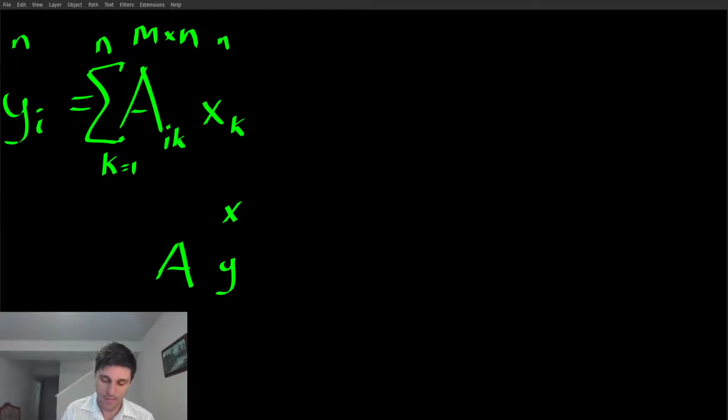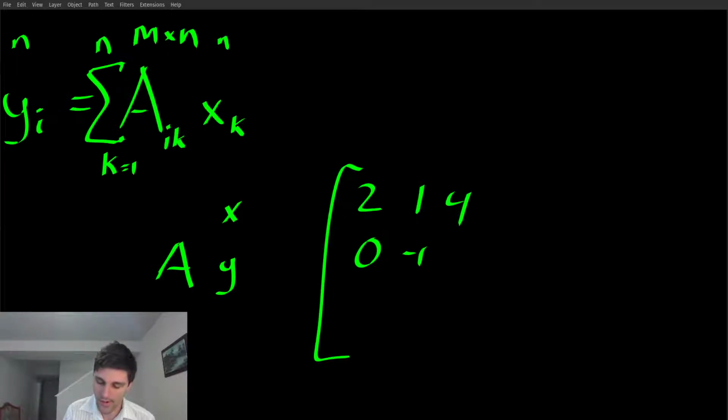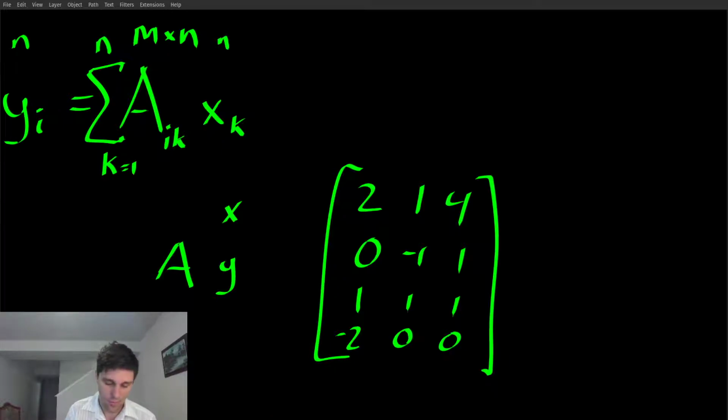Let's make up a matrix A, and it'll be 2, 1, 4, 0, negative 1, 1, 1, 1, 1, negative 2, 0, 0. Okay? So I've made a 4 by 3 matrix here.